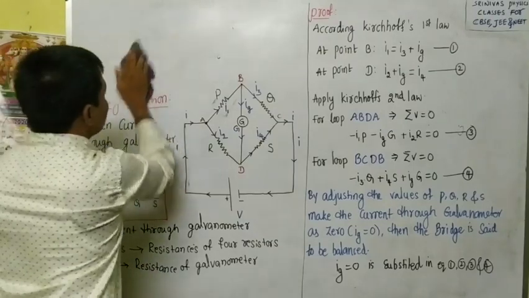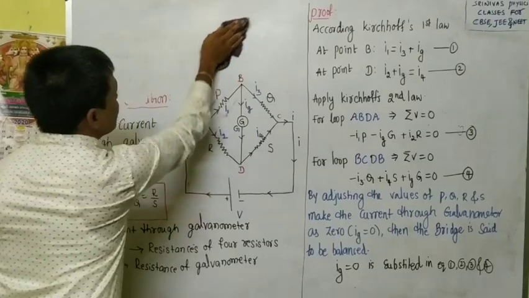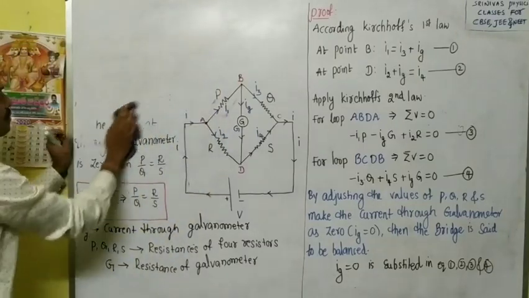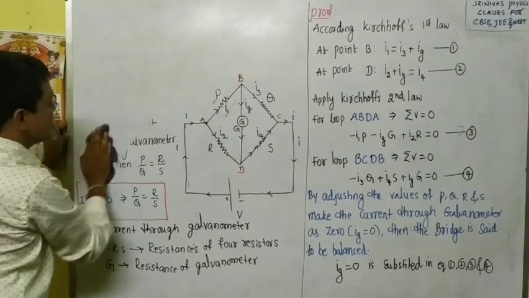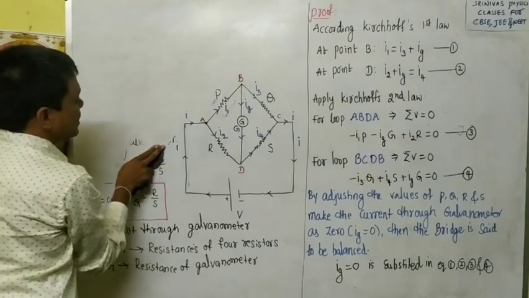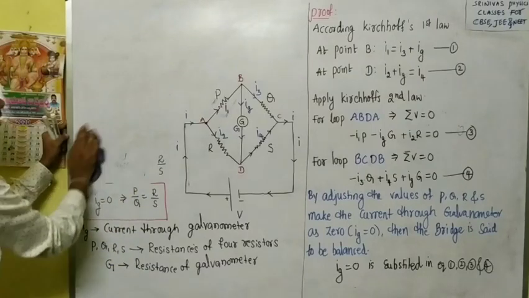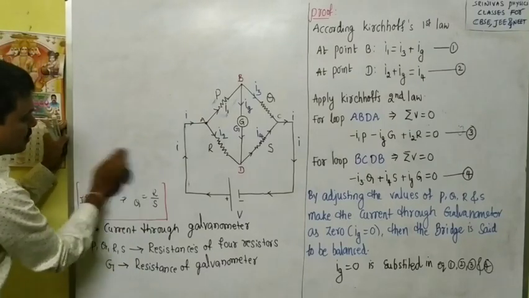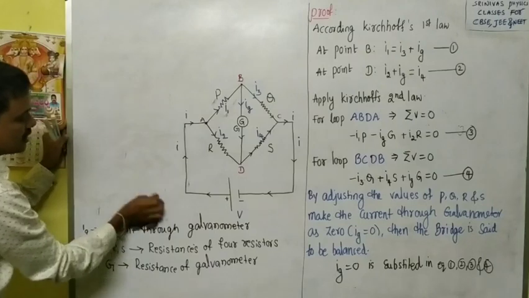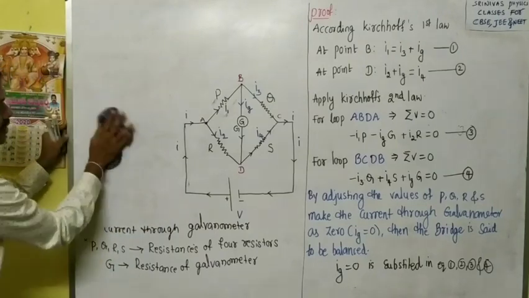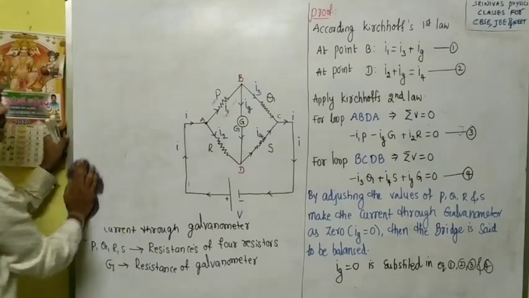By adjusting the values of P, Q, R and S, you are making the current through the galvanometer 0. That condition, Ig 0, you are substituting in all the equations, right? What are the equations? Equations 1, 2 and 3.